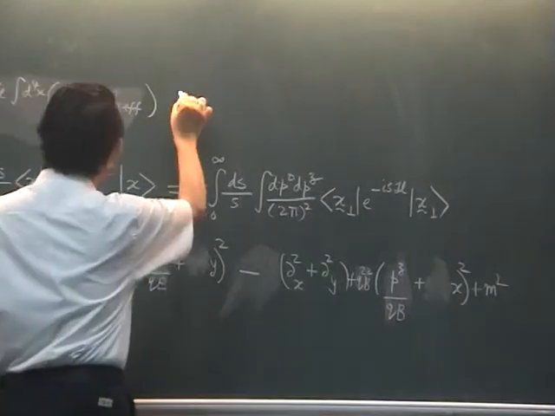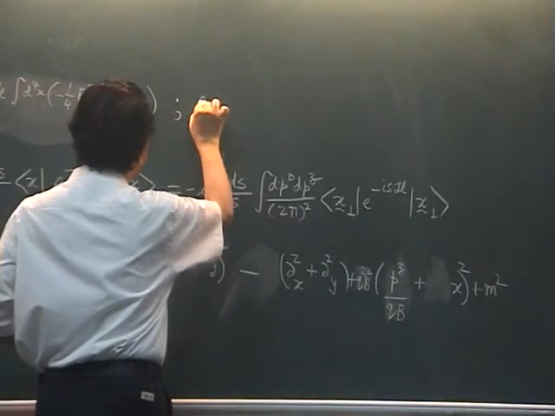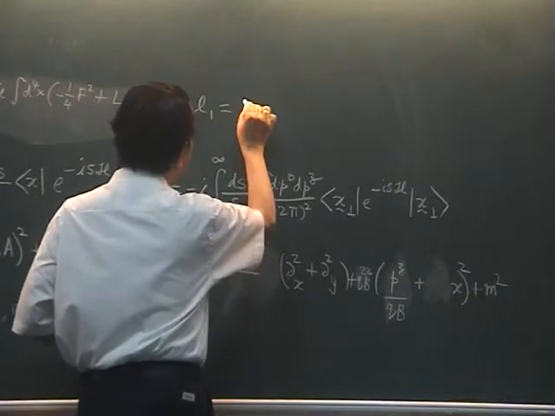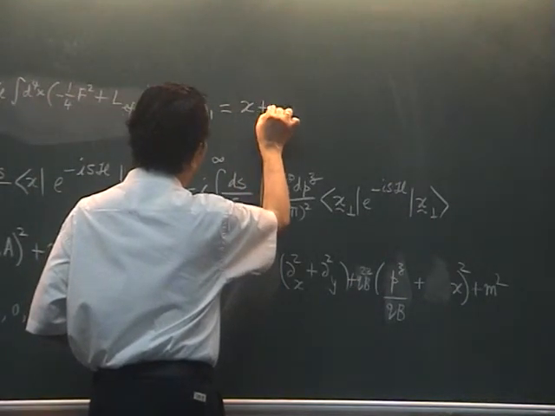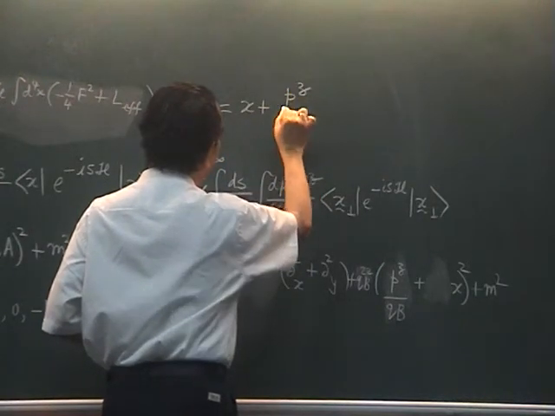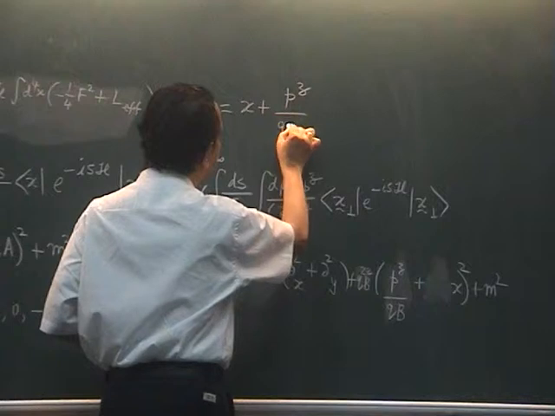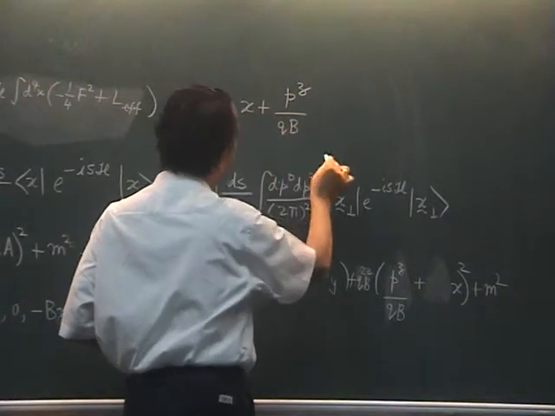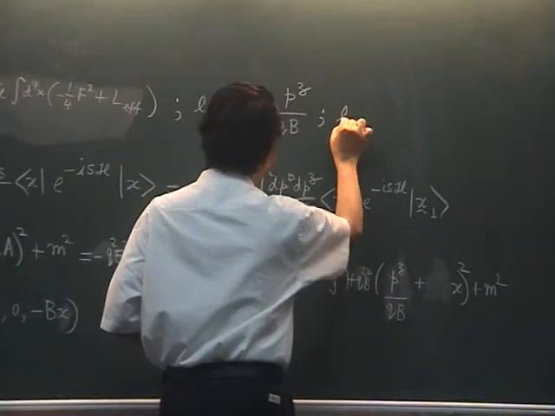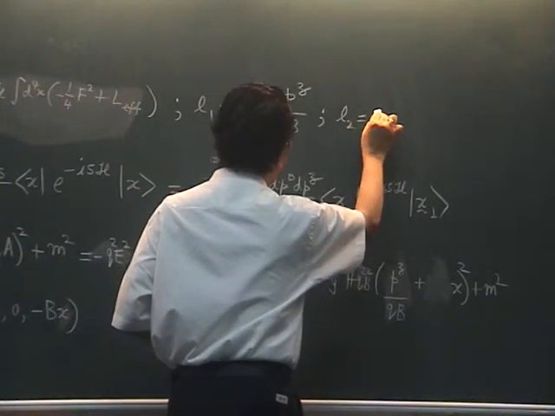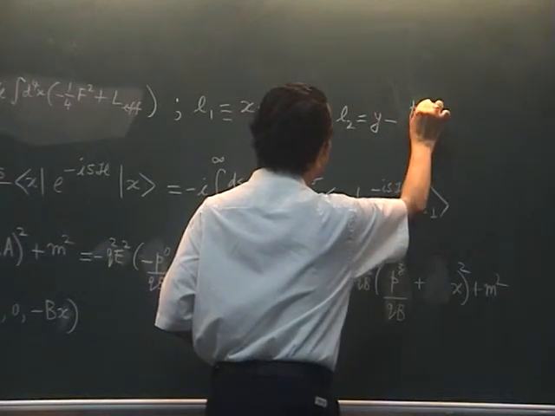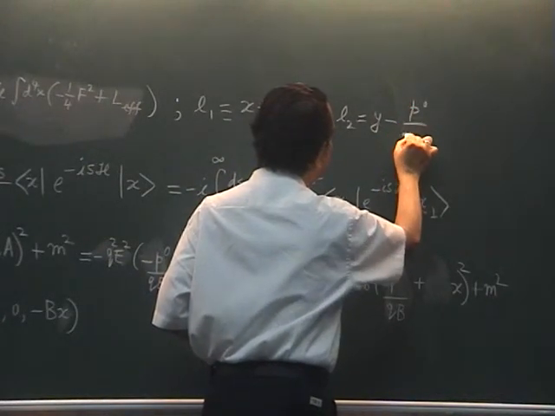So I define this quantity here, L1, as this quantity x plus pz divided by qb, and L2 is y minus p2 upon qb.